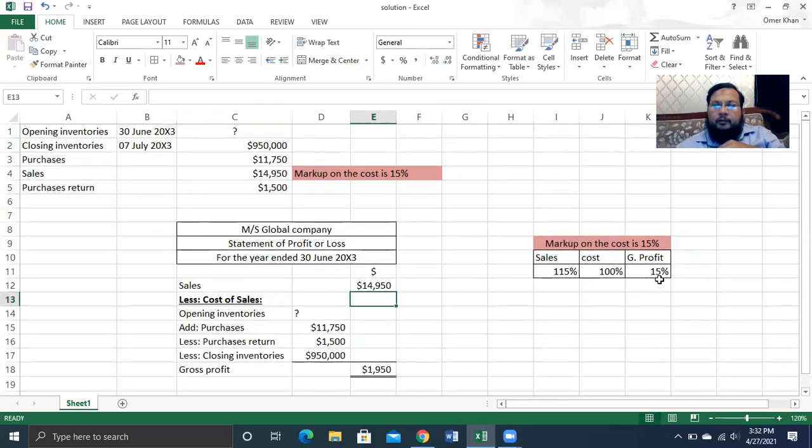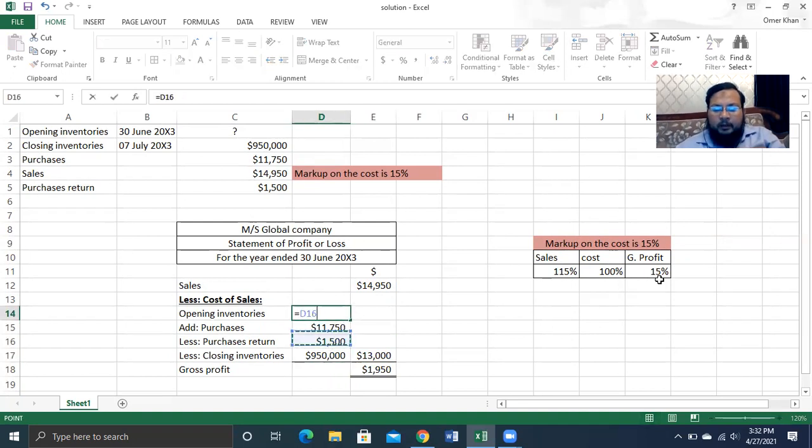So once I find this gross profit, I will use the reverse order technique to find out the cost of sales and then opening inventory. As we know, the cost of sales will be sales minus gross profit. And now you follow the reverse order technique. How do you do that?